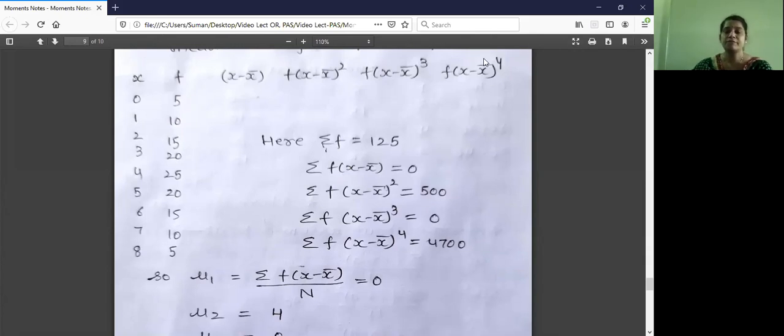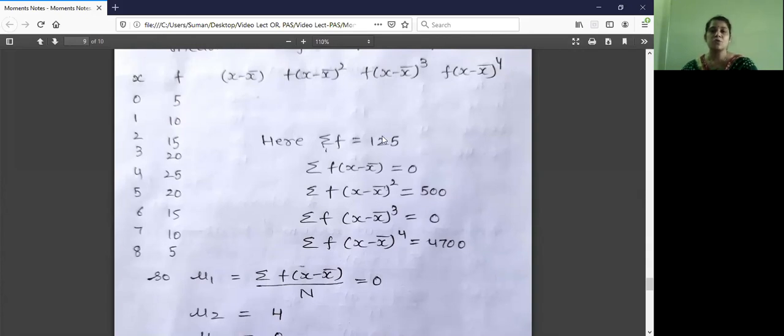In case of any confusion while solving this problem, first make the columns x minus x bar, x minus x bar whole squared, x minus x bar whole cubed and x minus x bar whole raised to the power 4. After that, make the columns f(x minus x bar), f(x minus x bar) squared, f(x minus x bar) cubed and f(x minus x bar) raised to the power 4.